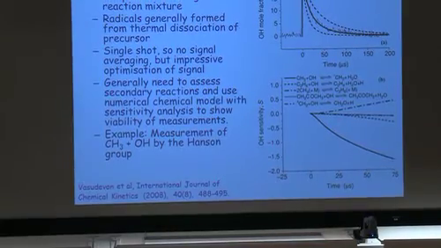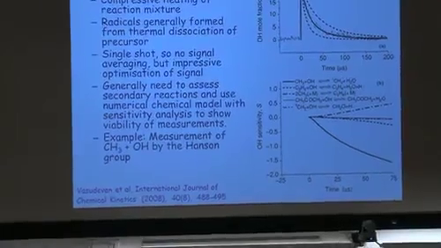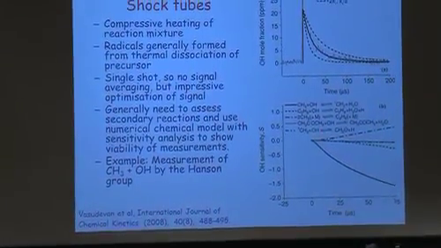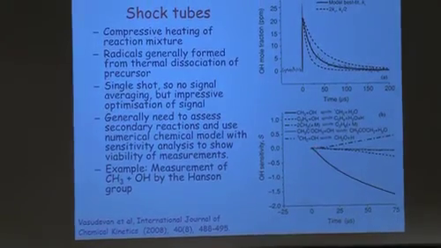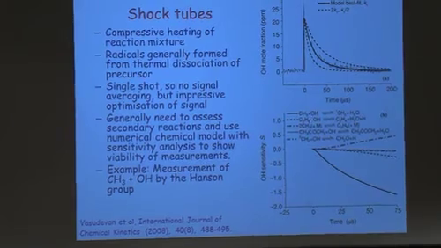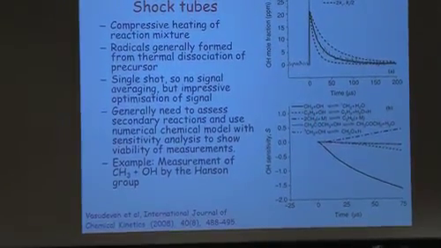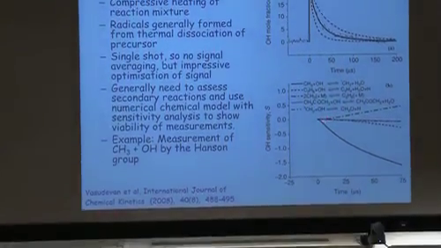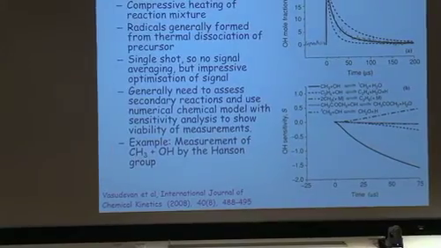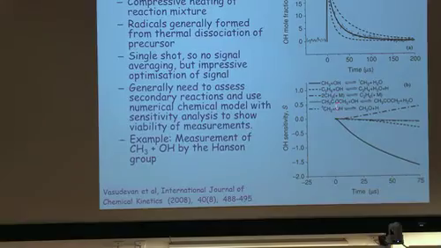And here's a sensitivity analysis. The OH sensitivity as a function of time. There's the sensitivity with respect to the CH3 plus OH reaction. This is the sensitivity with respect to the reaction CH3 plus CH3, which is positive, so that removes CH3, and so the concentration of OH consequently decreases less quickly.